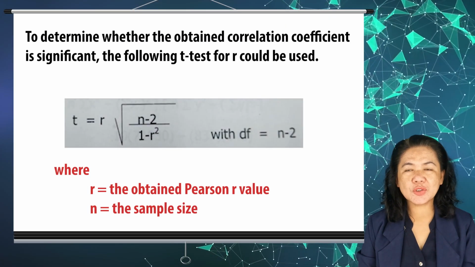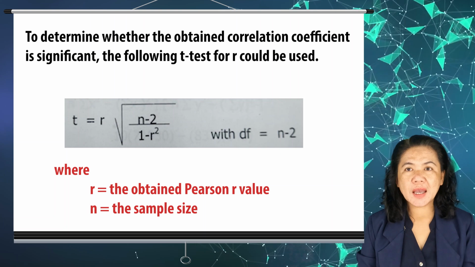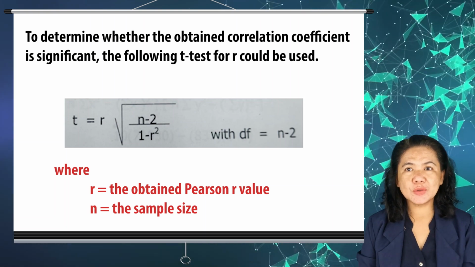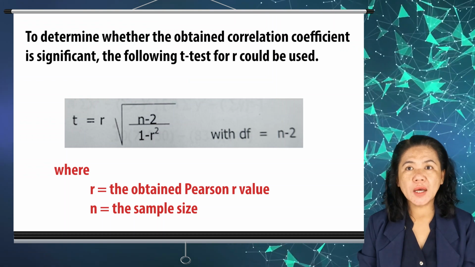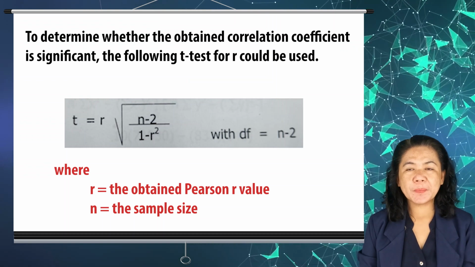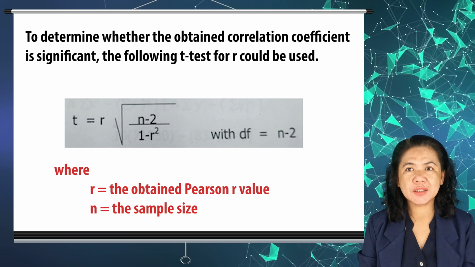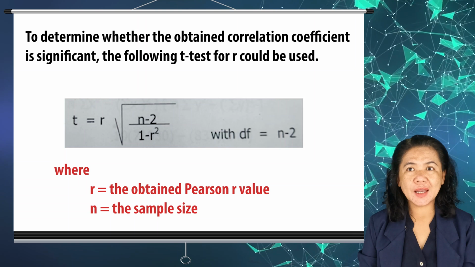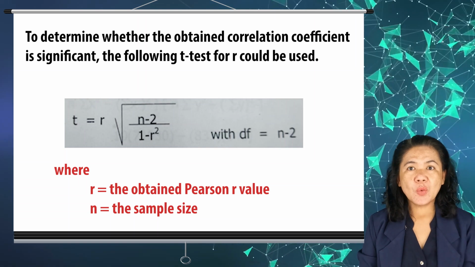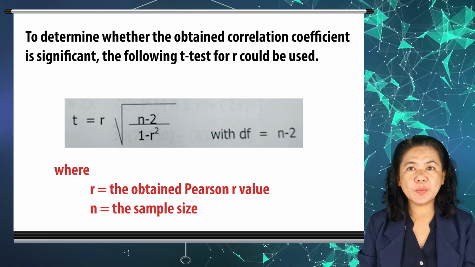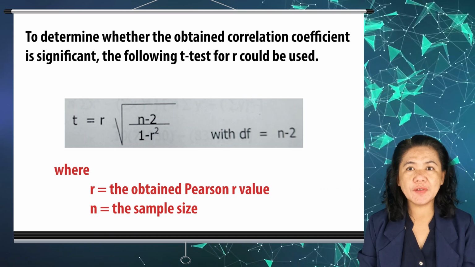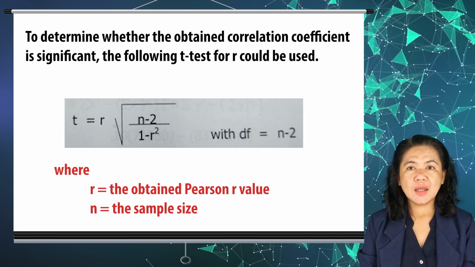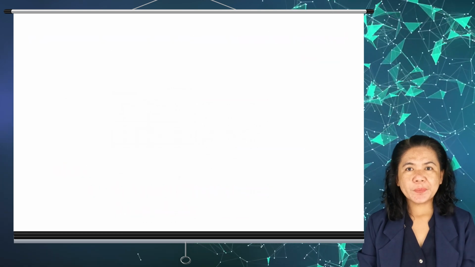t is equal to r times the square root of n minus 2 divided by the square root of 1 minus r squared, with df equals n minus 2, where r is equal to the obtained Pearson r value and n is equal to the sample size.